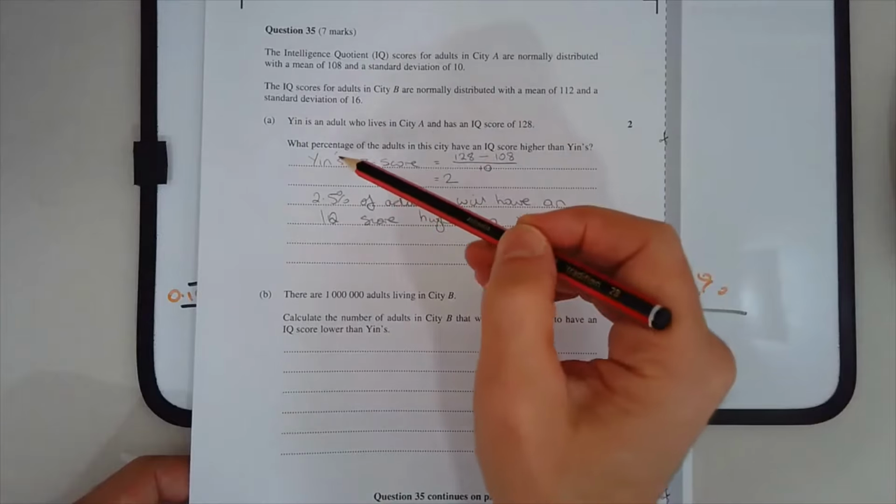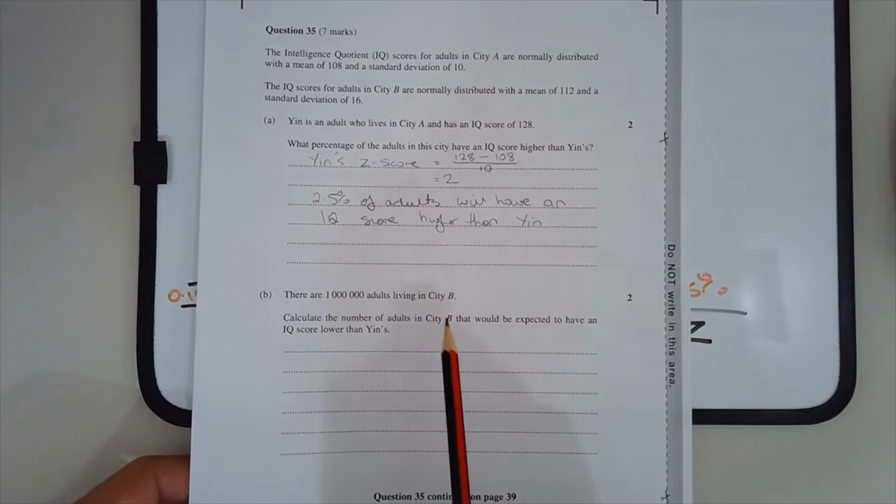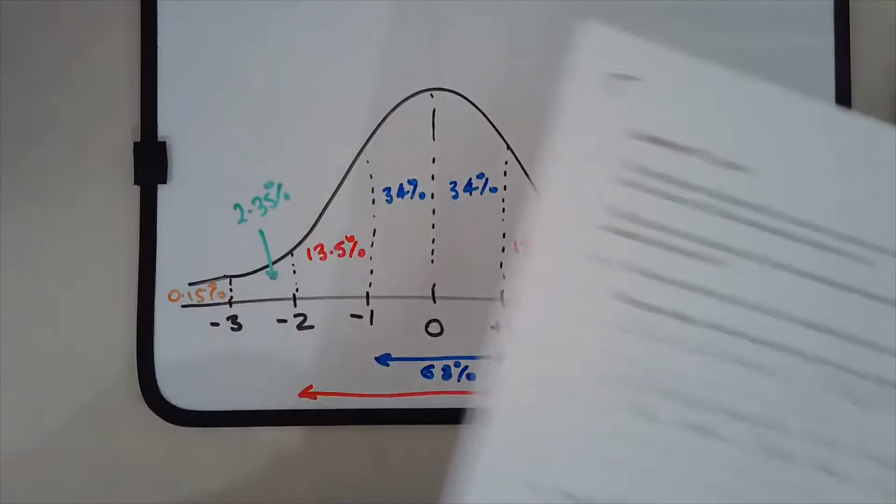So what we're going to have to do is recalculate Yin's Z score for city B. It's not necessarily going to be the same as city A. In fact, it won't be. So let's do that first.